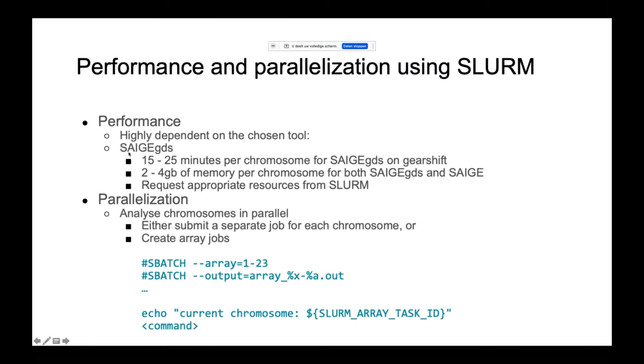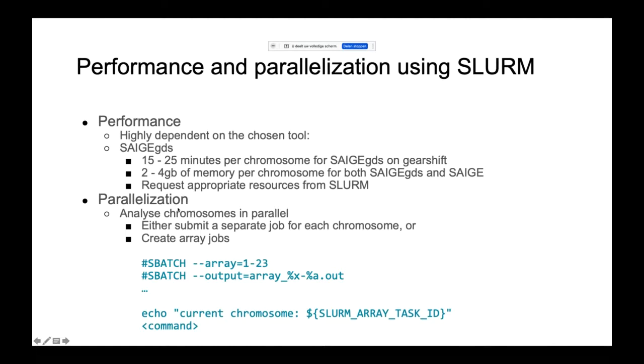For example, 20,000 samples in SAIGE GDS can be completed in under half an hour for a single chromosome, while SAIGE at least takes a couple of hours. Both, however, require very little memory. I would recommend experimenting a bit with what you request from SLURM to fit your workload nicely.